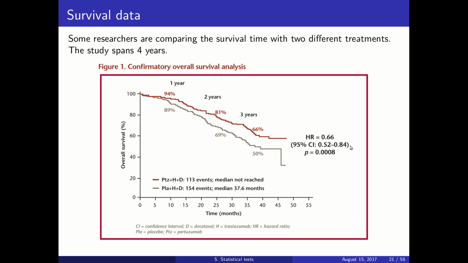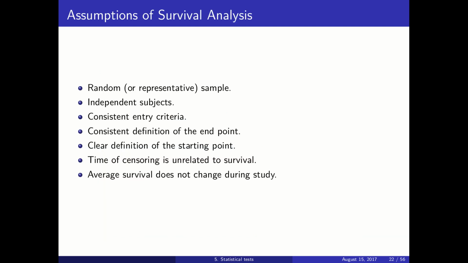The confidence interval doesn't include one, so that means that we reject the hypothesis that the event is equally likely in both treatments. We can even compute a p-value and so on. We will not enter into the specific calculations, only that these things can be calculated.